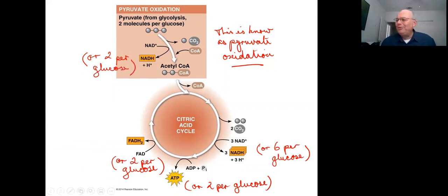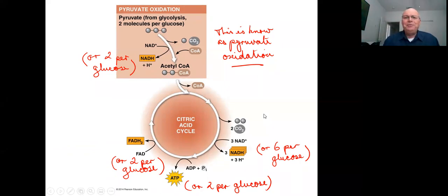Because again, we have to remember that we get 2 pyruvates per glucose molecule. So the numbers here are correct if we're thinking single pyruvate molecule. If we're thinking per glucose, then we have to double down on all of these numbers.